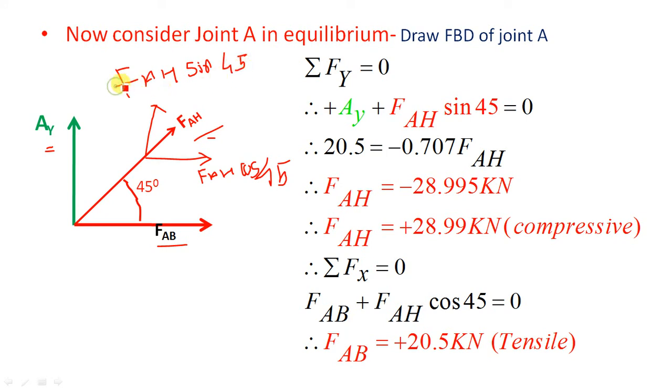This is in the first quadrant, so both are plus. Summation of Fy is equal to 0: plus AY plus F of AH sine 45.